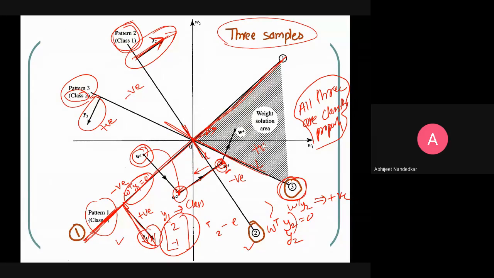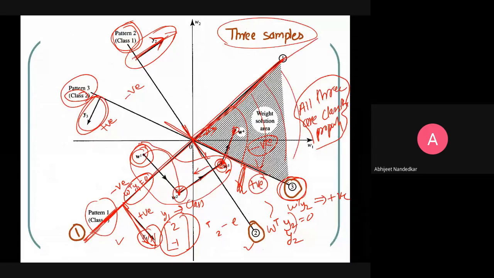Sorry, I am in the positive zone of the line since this is the y3. Y3 is this side, so this is positive part of the line. I want negative, so this is negative of this particular line. So I should throw my weights here. So if in total I combine all these three patterns position, then my solution is lying over here.